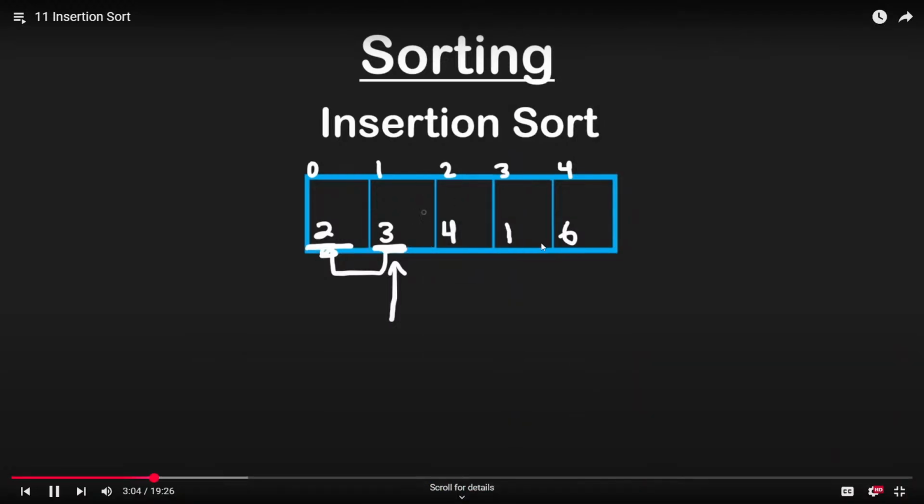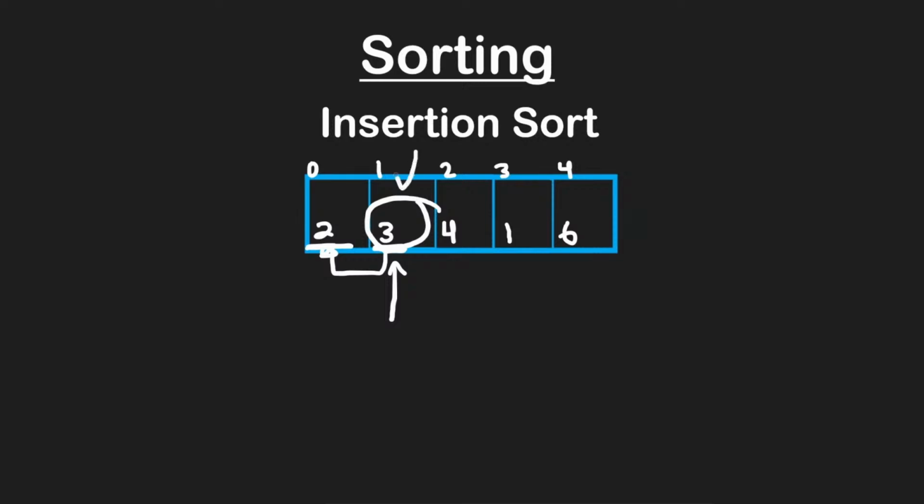If that's the case, this value can also stay here because it doesn't matter whether this goes here or here if they are both equal, because it'll be sorted either way. This is for ascending order, but it would work the same way with descending order as well.